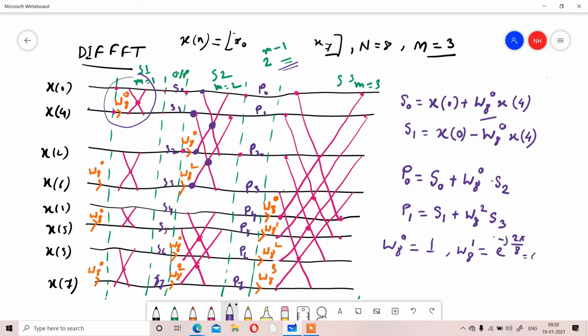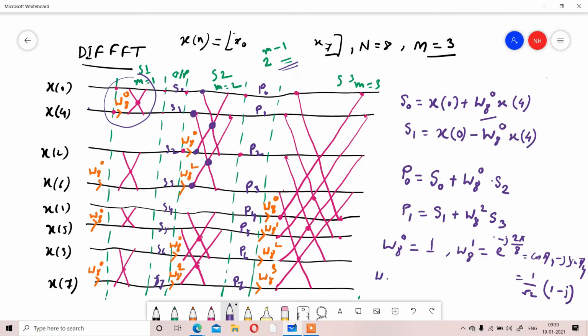So cos pi by 4 minus j sin pi by 4. So put the cos pi by 4 value and sin pi by 4 value, you will get your W81, and W81 will be 1 by root 2 times 1 minus j. That will be your W81 value.